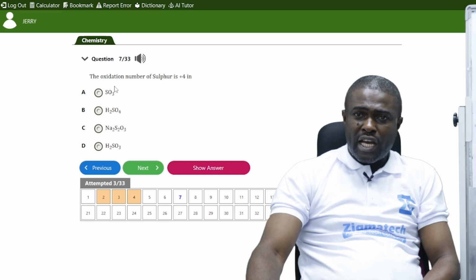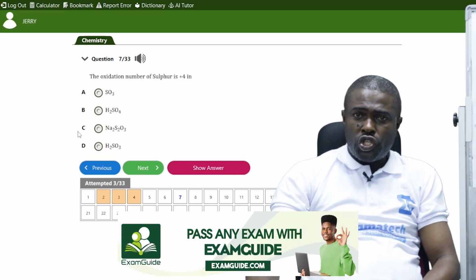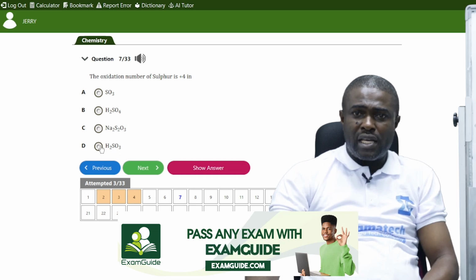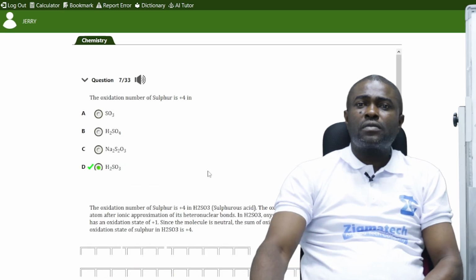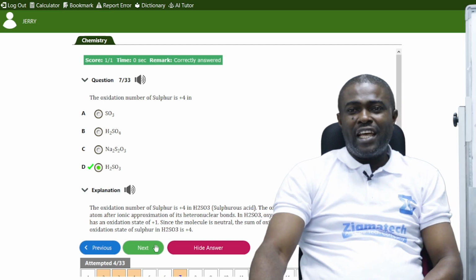D does not have any charge, so the radical, the ion, is not there. It's supposed to carry 2 minus. So we check D. D is trioxosulfate(IV) acid. That means the oxidation number there is +4. The correct answer is D. Let's check. That is correct. Let's go to the next question.